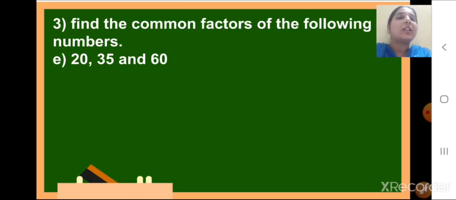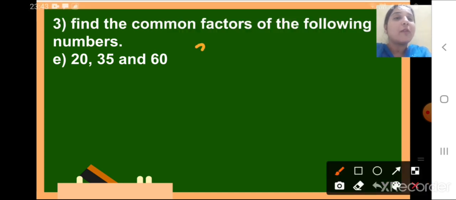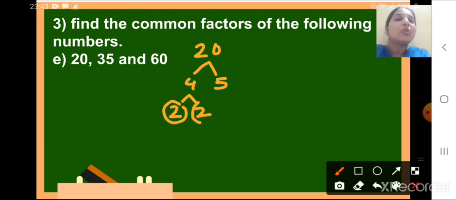Now we have to find the common factors of 20, 35 and 60. So first let's write the factors of number 20. So let's factorize it. 4 5s are 20, and now we will factorize it further. So we will get 2 2s are 4 here. Now let's factorize 35.